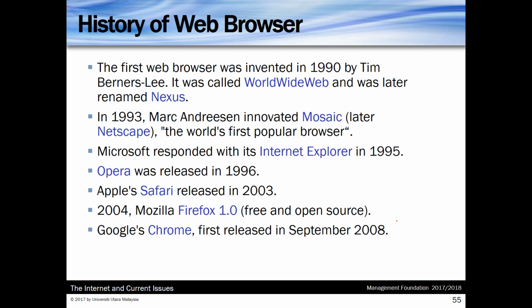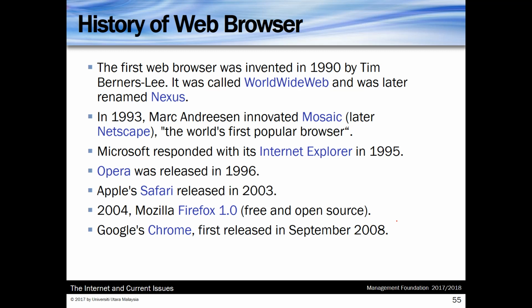In 2004, Mozilla Firefox 1.0, which is free and open source, was released. In 2007, Mobile Safari was introduced as Apple's mobile web browser and continues to dominate Apple's mobile operating system, iOS.